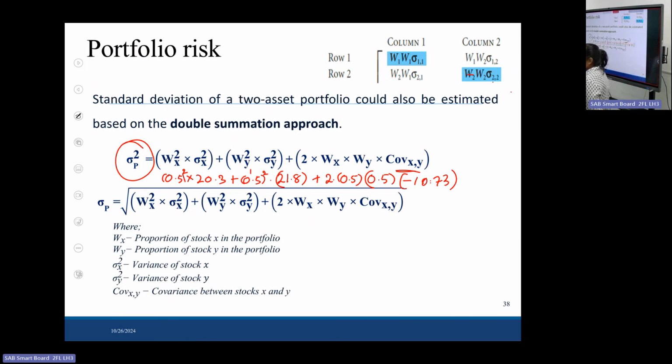So this is the variance. Consider the square root of that, which is the portfolio standard deviation.